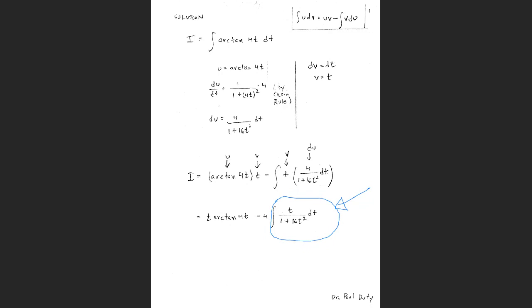Well, all right, if we're going to do a substitution, I'm not going to say u equals, I'm going to say w equals, because we use u and dv for integration by parts. What would you let w equal? What would be maybe a good choice? 1 plus 16t squared. That's absolutely right. Very good. 1 plus 16t squared. Let's take a look.